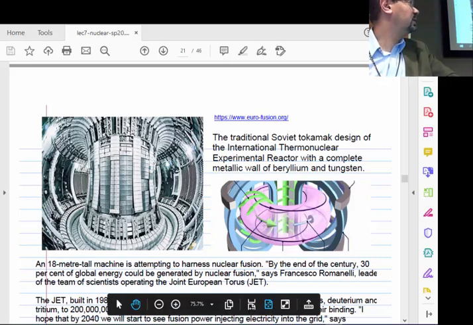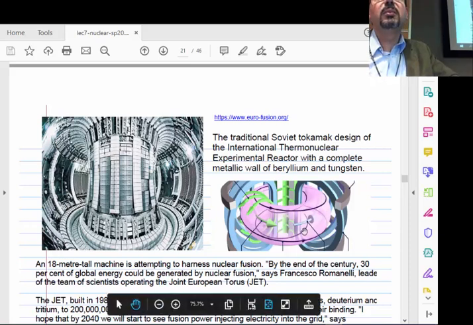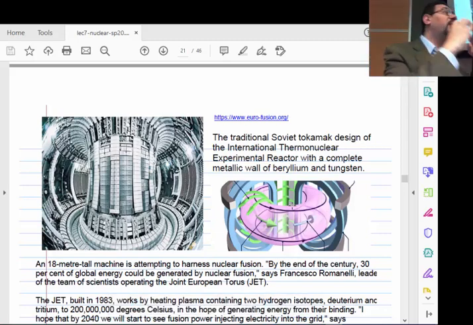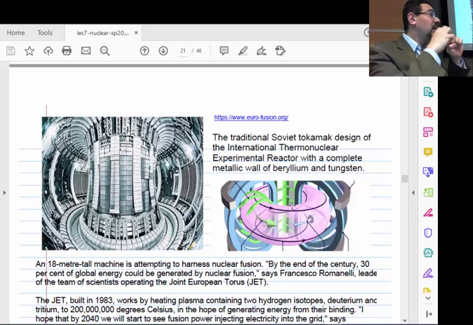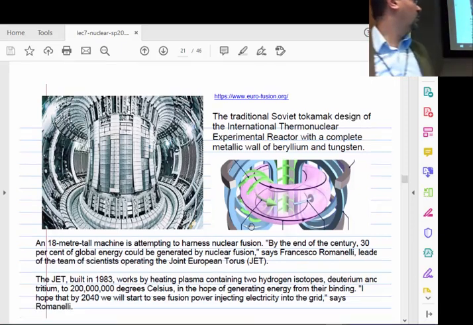But still, you need to keep them away from the wall by magnetic concentration, magnetic field and stuff. So if you keep this in the middle, maybe you can increase the temperature without melting the whole thing, right?